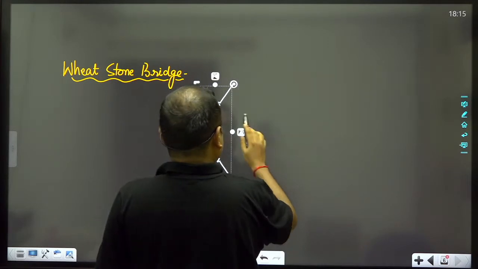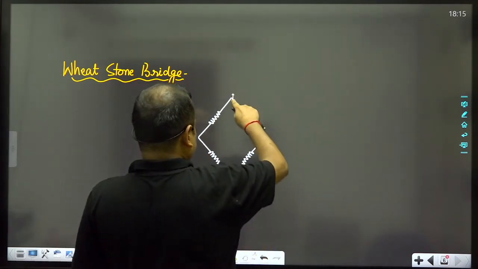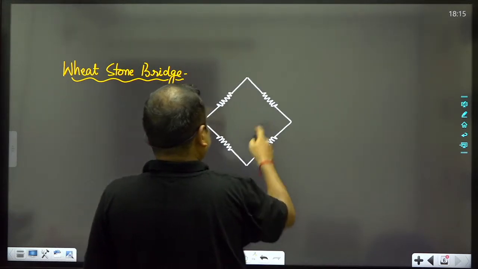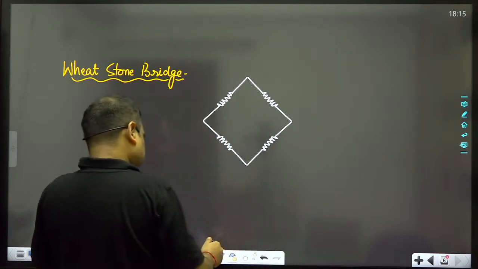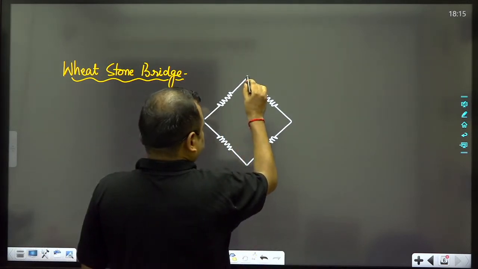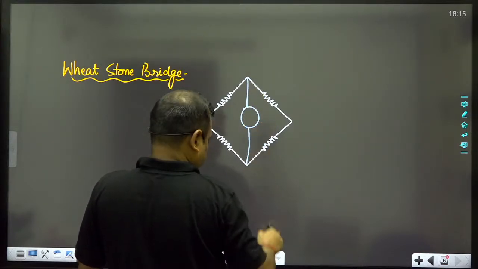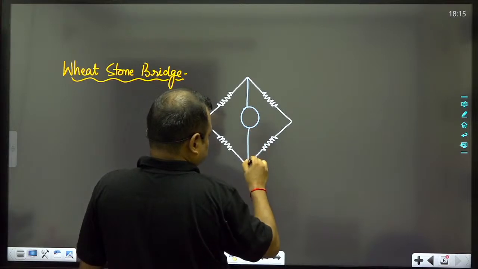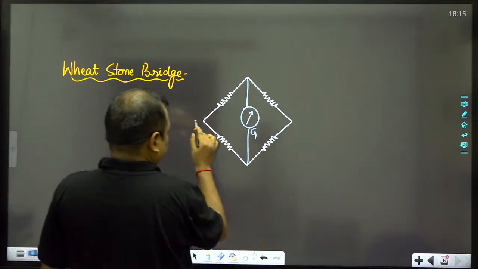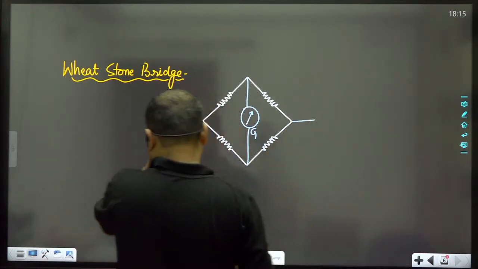This is the diagram of the Wheatstone bridge actually. This is the galvanometer, and these are the connections.